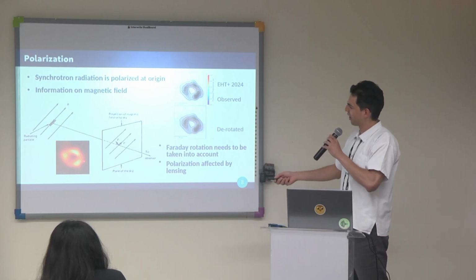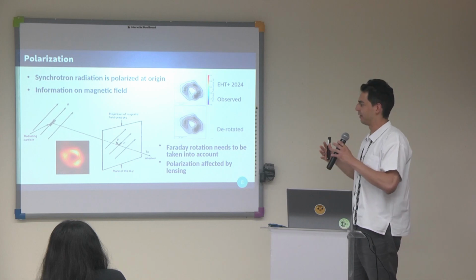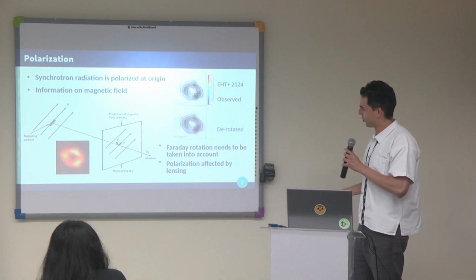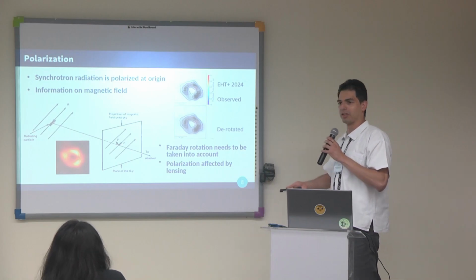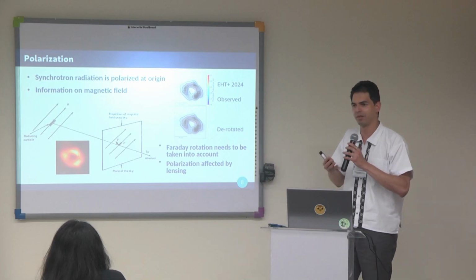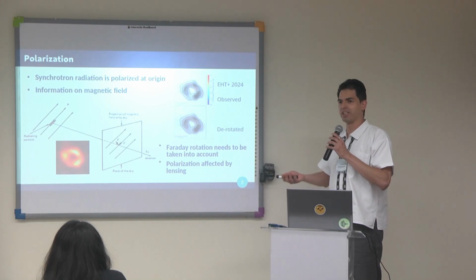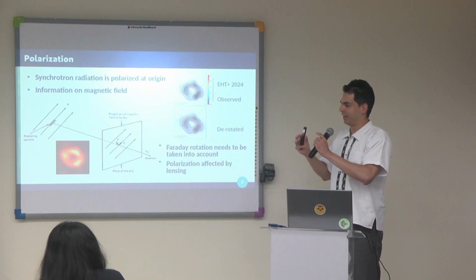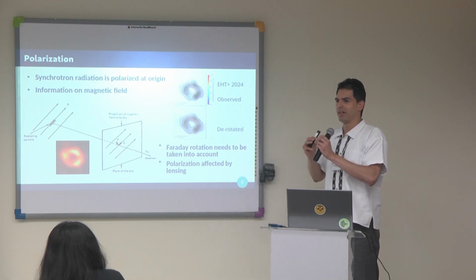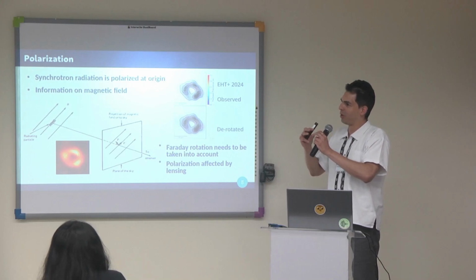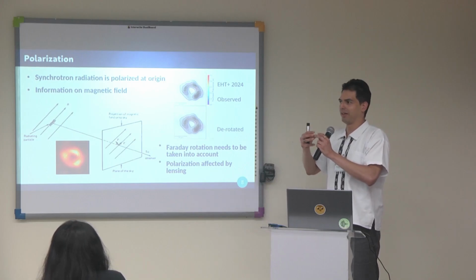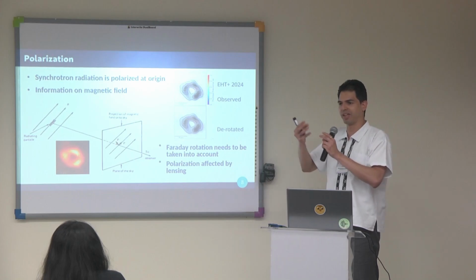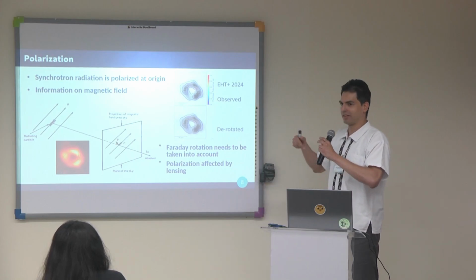The fact that we have a polarization that is very coherent and not scrambled means, in general, that the magnetic field has to be coherent as well. And if you remember what we talked about yesterday about the differences between the SANE accretion regime and the MAD accretion regime, probably you remember that the SANE regime is characterized by small-scale turbulence and small-scale changes in the magnetic field, while the MAD regime corresponds more to large-scale magnetic fields and large-scale magnetic stresses that drive accretion.